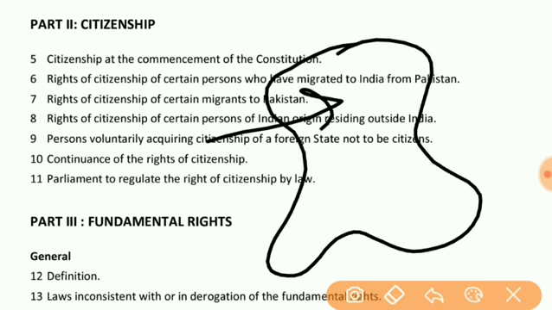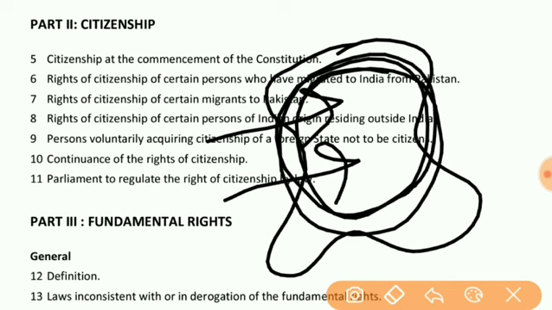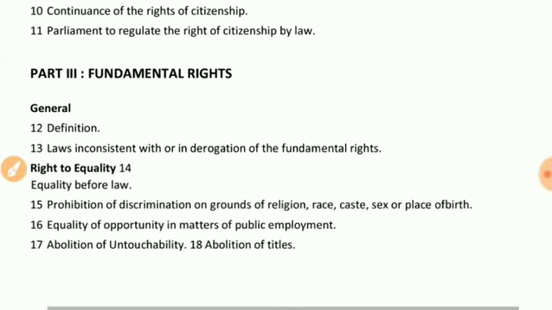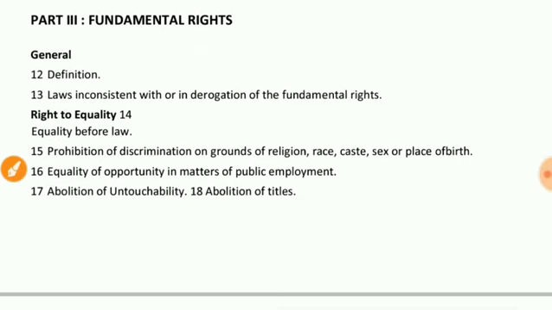Then in the second part we give citizenship to the people. Then we have the third part, which is about fundamental rights, defining the fundamental rights of these people. In the third part we have different articles regarding the rights of the individual.